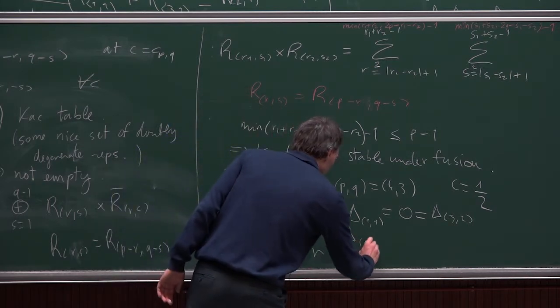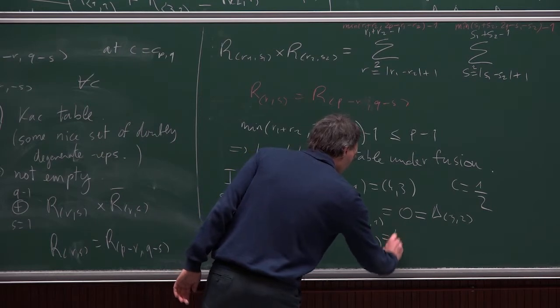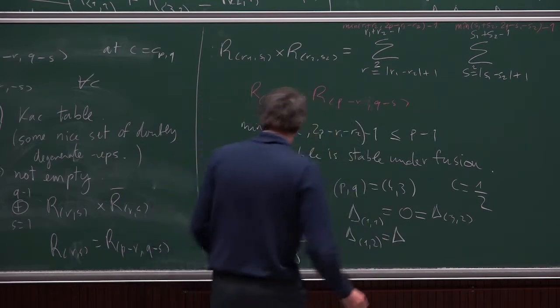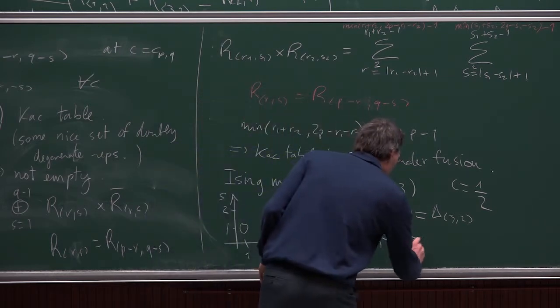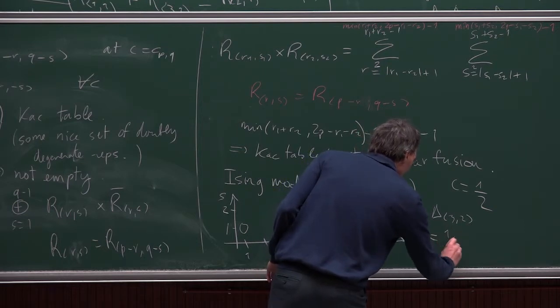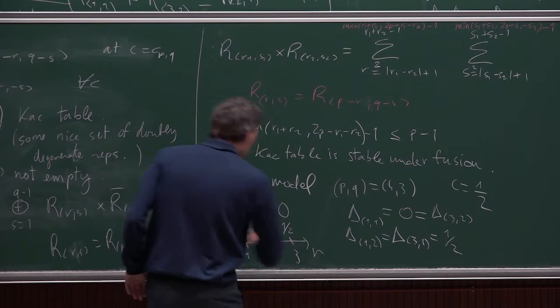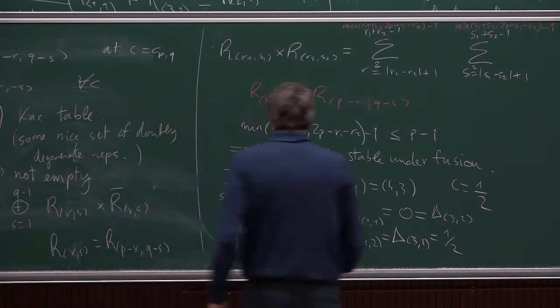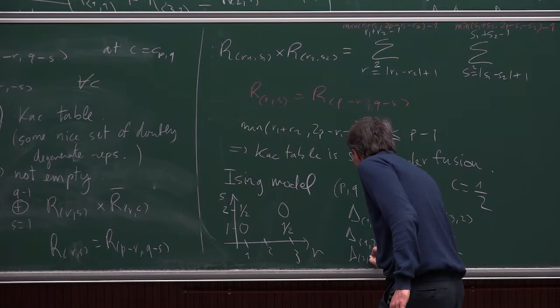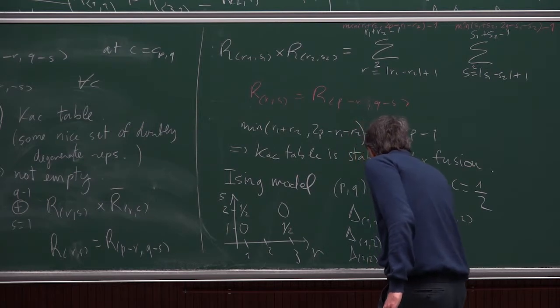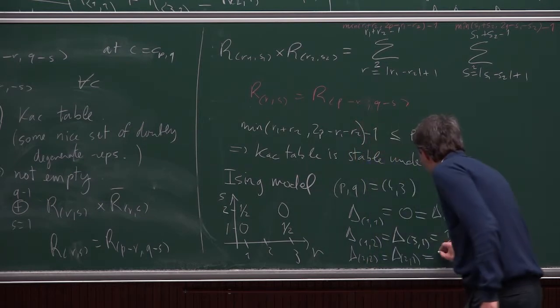Delta 1, 2 is the same as delta 3, 1, and it's 1/2. So we have a 1/2 there. And delta 2, 2 is the same as delta 2, 1, and that's 1/16.